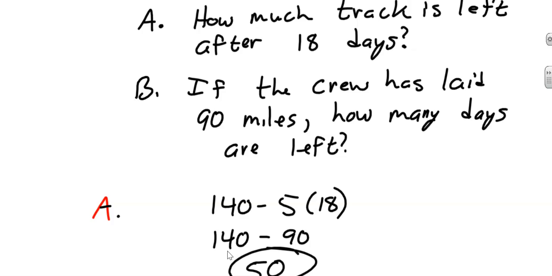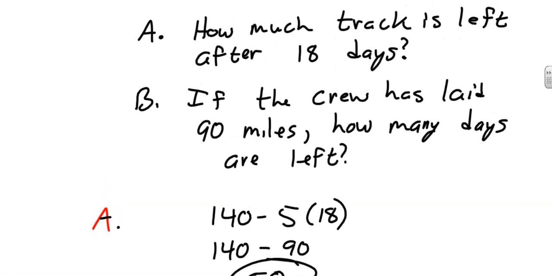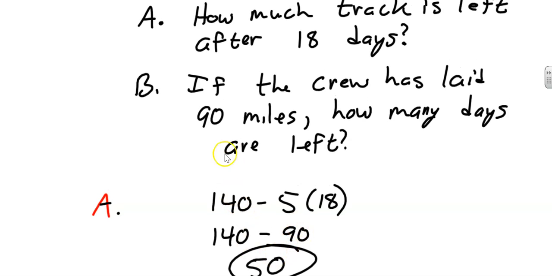Okay, and maybe I made a bad choice for the B part here. We'll leave it there. Because on the B, well, actually, let me change it. Because we've already got the answer here, so I think we're okay. Let me change that one to, let's just change it to 108.